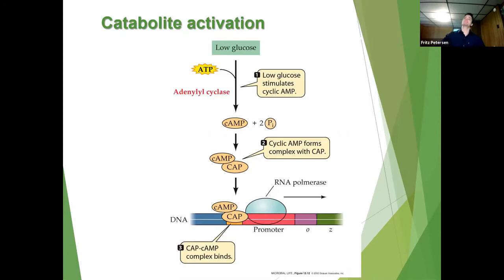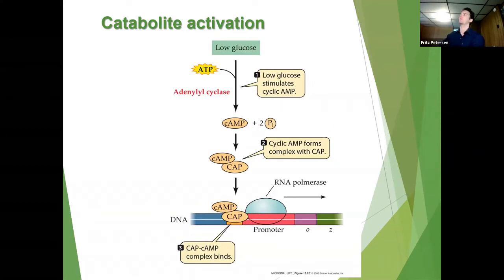In this case, low glucose will stimulate the release of cyclic AMP, or cAMP as it's also known, which is required for the CAP proteins to bind to your DNA, because you require this cAMP-CAP complex.